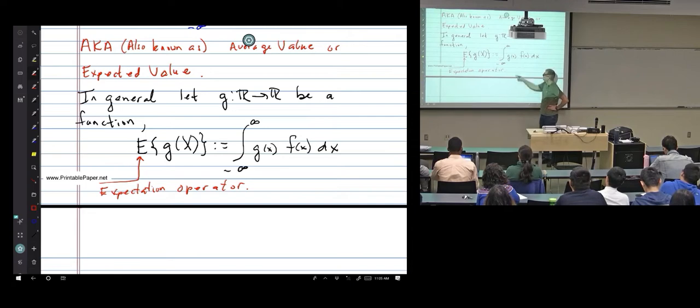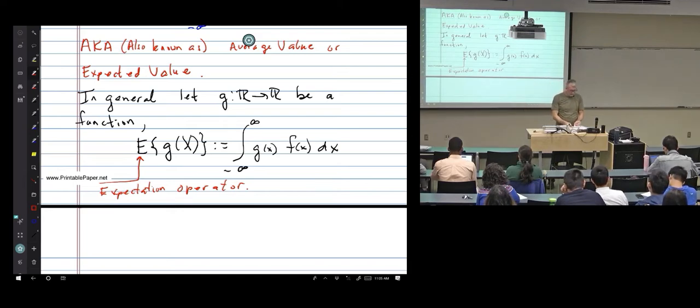You can take g of x as x squared, and it's called the second moment. Then you take the third power, it's the third moment. You get these things called moments. So you can do expectations of all sorts of different things. We'll make one more choice of g in just a few seconds.